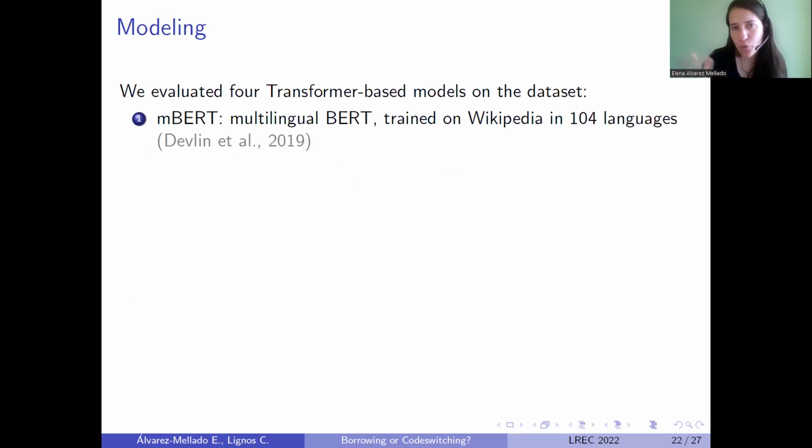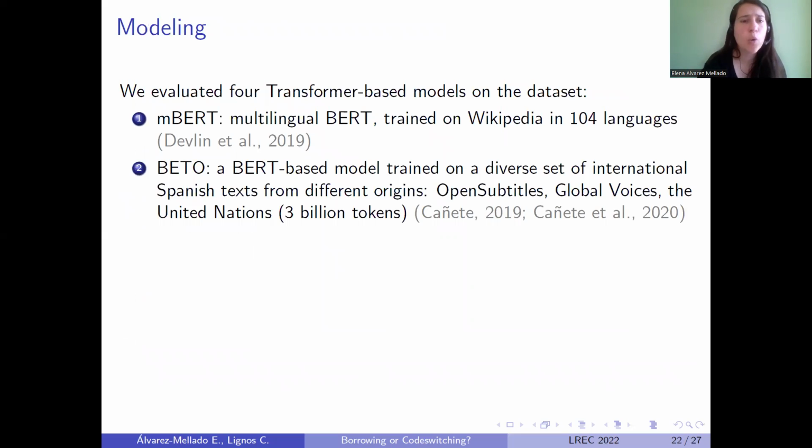We evaluated 4 transformer-based models on the data set. The task consisted of predicting the labels we just presented. We tried multilingual BERT. We also tried Beto, which is a BERT-based model for the Spanish language that is trained on a diverse set of international Spanish texts from different origins. So you see here OpenSubtitles, Global Voices, United Nations.